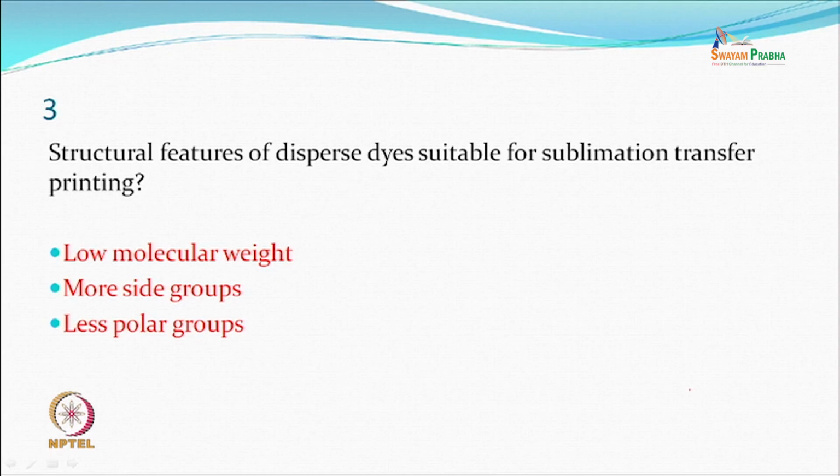So, molecular weight may be responsible, the side groups will be responsible, and less polar groups will also be responsible. That means if ionic groups and other things are less, then it will help in sublimation transfer. So, that is approximately the thing.